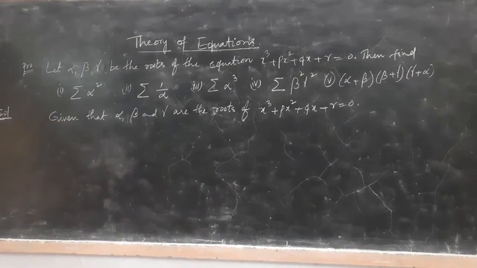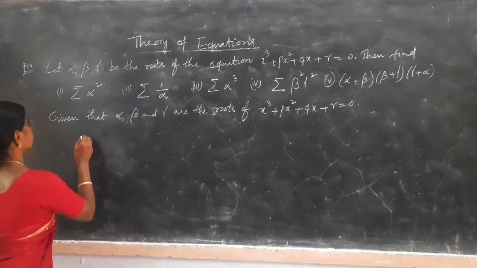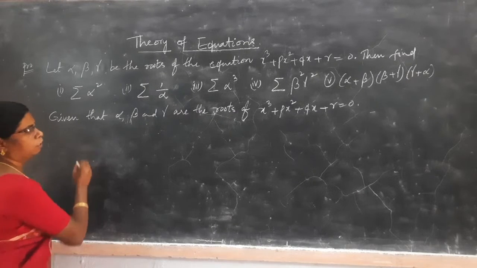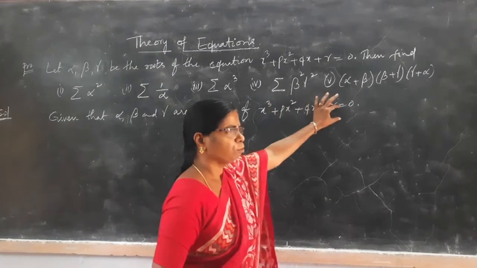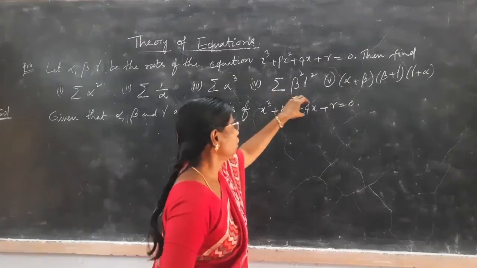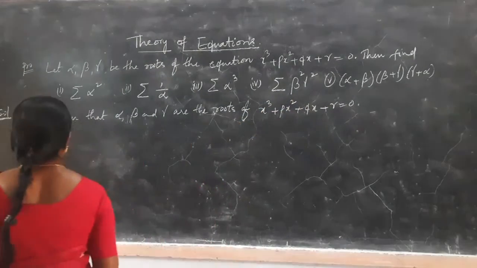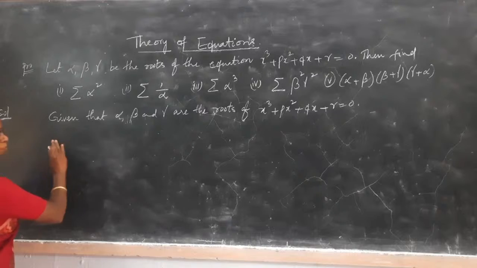So alpha, beta, gamma are the roots of this equation that we have been given. Then here, look, this is P1, P2, P3.